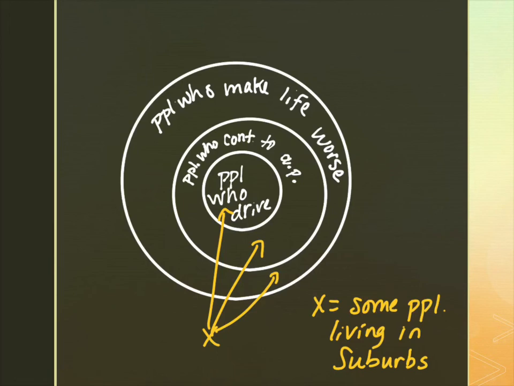Is he in the very center in the drive? Or is he just in the outer ring? Or somewhere in between? So this argument would be considered invalid, because we don't know for sure that he's in the middle. He could be in any of those three locations and not have to be in the very dead center.